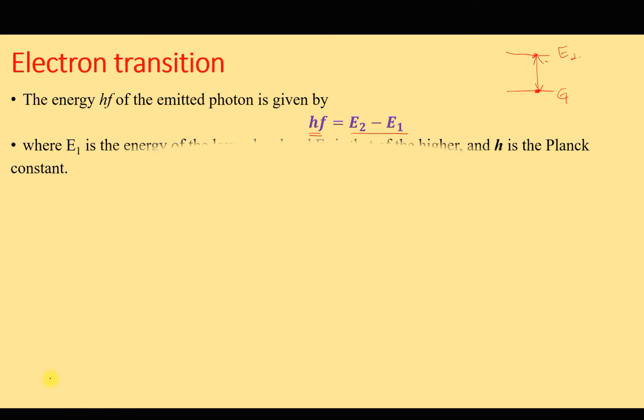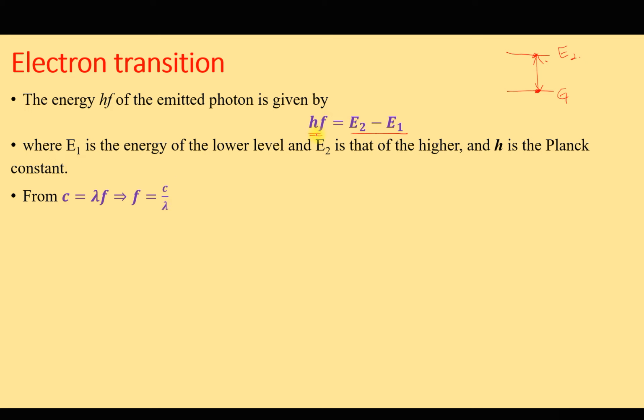So E1 is the energy of the lower energy level, and E2 is the energy of the higher energy level. Of course, we know that h is the Planck's constant. You also recall that c equals lambda times f, where c is the speed of light, which means f is equal to c divided by lambda.